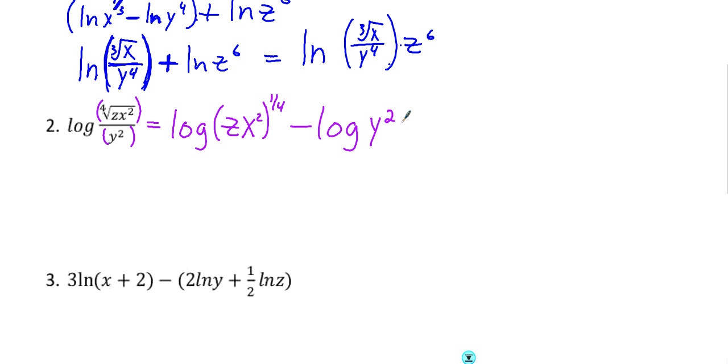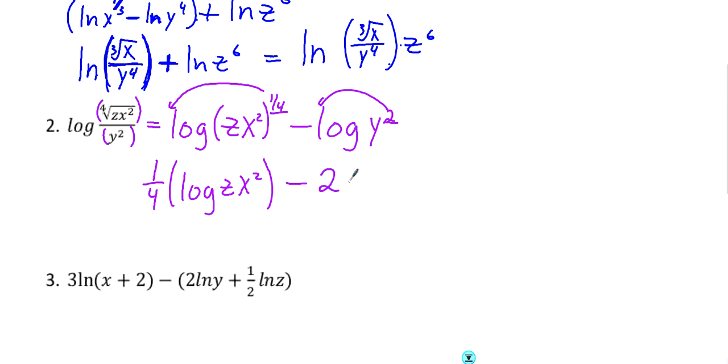Now I'm going to use the power property for this and move it to the front. So I get 1/4, and putting this in parentheses like that, minus 2 log of y. Now I have this multiplication here, this times z times x squared.